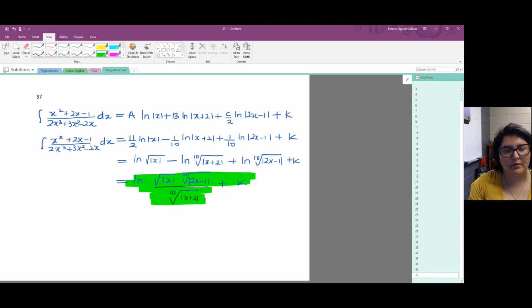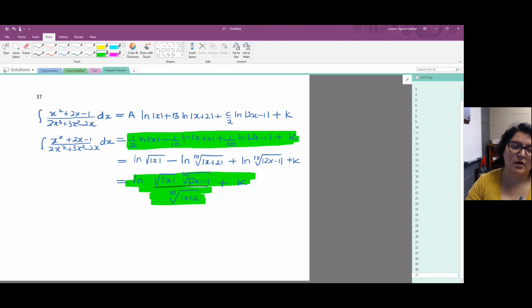Or you can leave it at what we had before. That's another possibility. You just match your answer with options that are provided, if any. Or you might have to use the properties of logarithms, or just leave it at whatever point you feel that you're done with the problem.